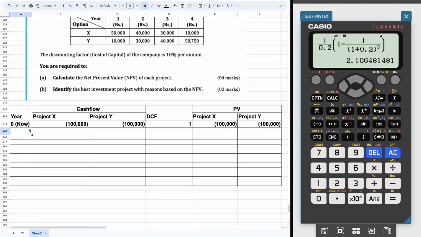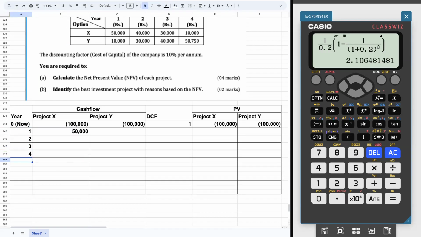Now we can do the cash flows. So let's copy the cash flows here. Project X: 50,000, 40,000, 30,000, 10,000 in respective years. So I'm just copying 50,000. Second year is going to be 40,000 cash flow. And third year 30,000, and the fourth year is going to be 10,000, right? And project Y is going to give you 10,000, 30,000, 40,000 and 50,750. There are no scrap values.